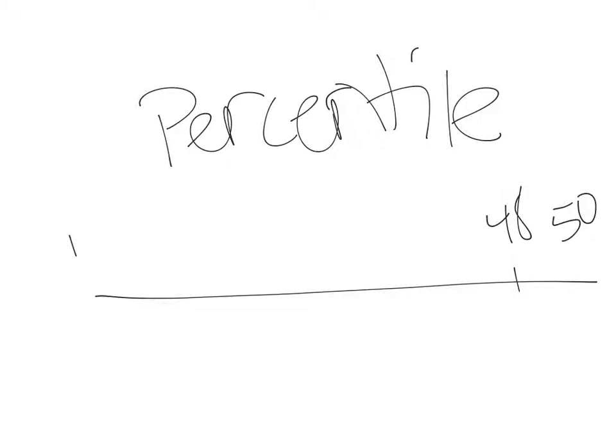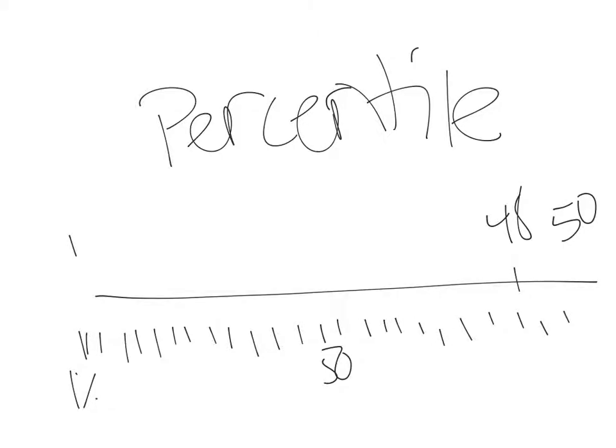But the percentile is, let's say you have a class of 100 people that took the same test, right? So let's denote them here. It goes all the way from 1% of the members of that class, 50% here, and then you have 100% here.